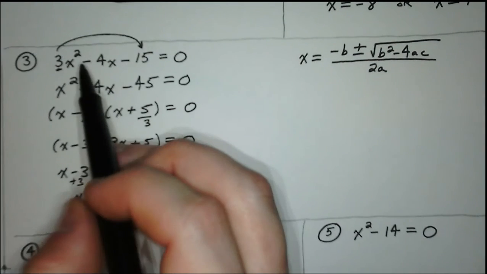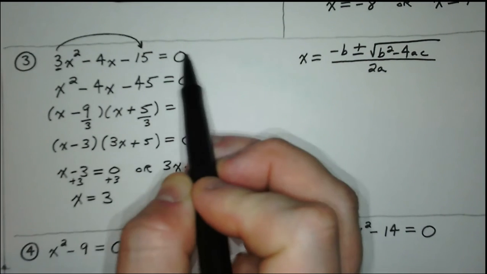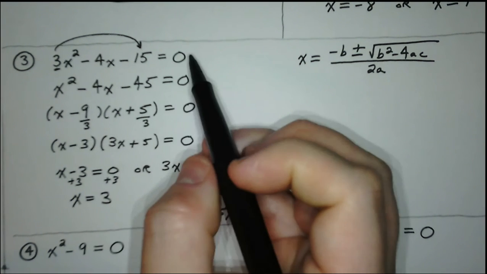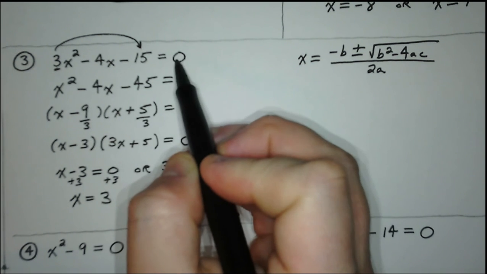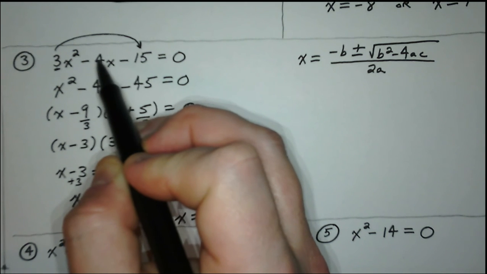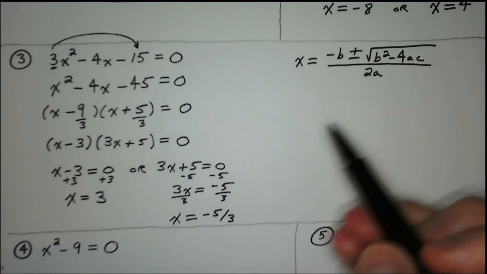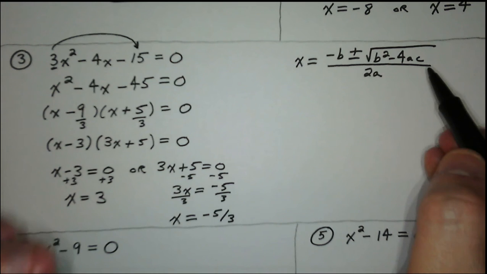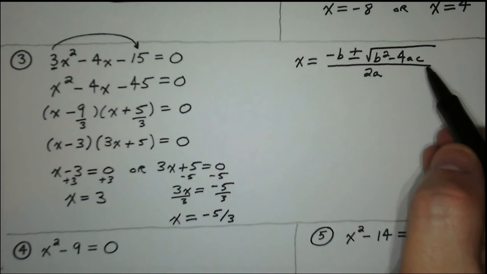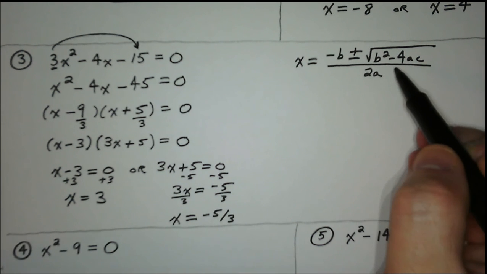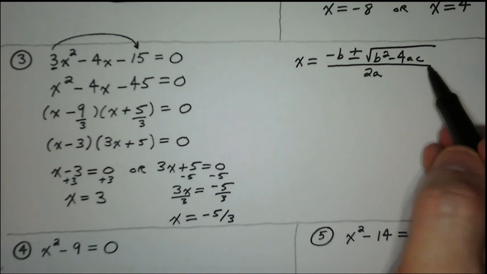All right, so my a value, you can only figure out the a, b, and c when it's equal to 0. So a is 3, b is -4. So remember, people, you got to be really careful with your negatives. I know I've said this before, it's the easiest place to make a mistake when you have a negative b value and or a negative c value.